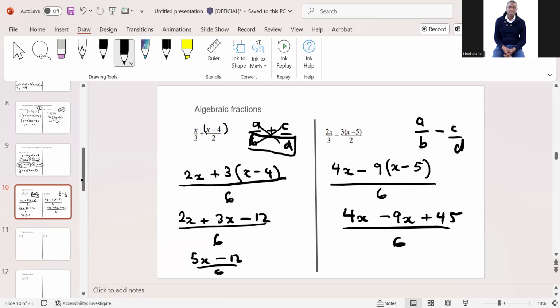Then you take away the 9 from there. You're going to end up with negative 5x plus 45 over 6. Now you can leave it there. You don't need to go further, although you could possibly also factorize this as well, but there's no need for that.